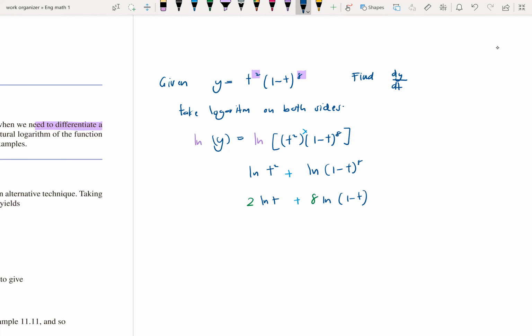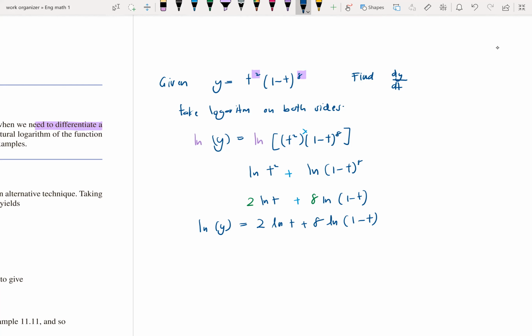That is the law of logarithm. And then we just write the whole thing again. So it's ln y equal to 2 ln t plus 8 ln (1 minus t).